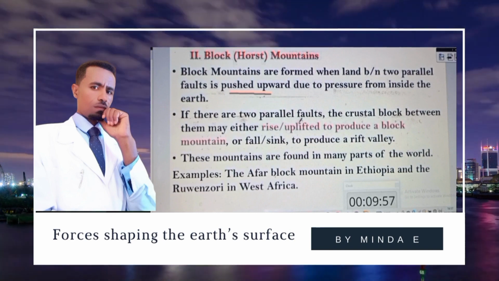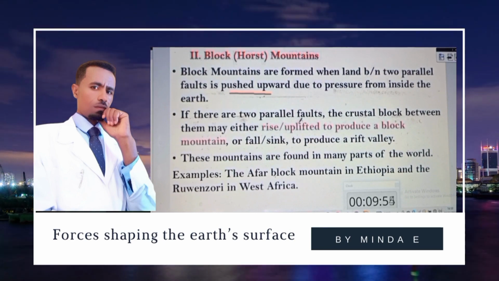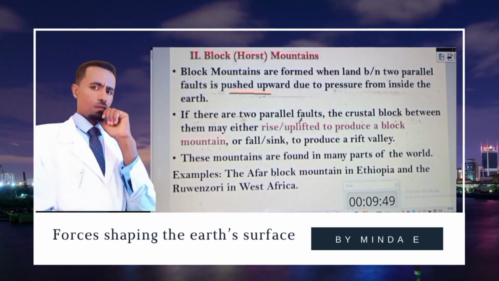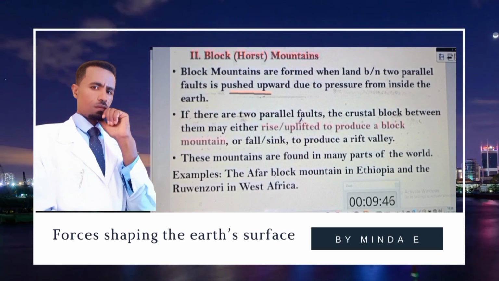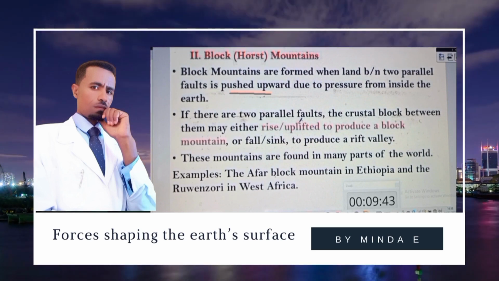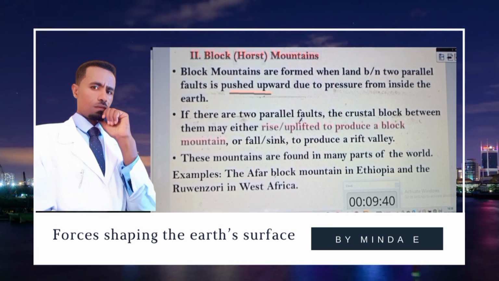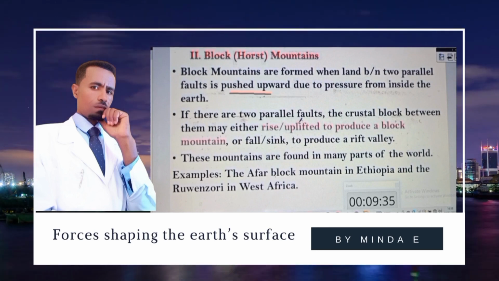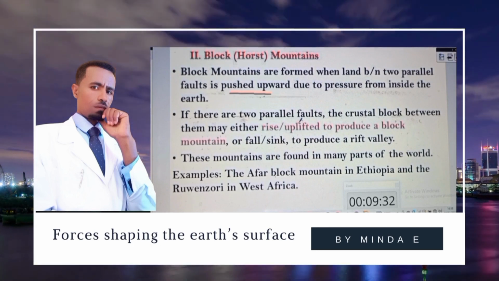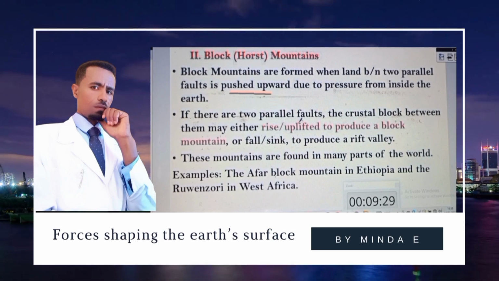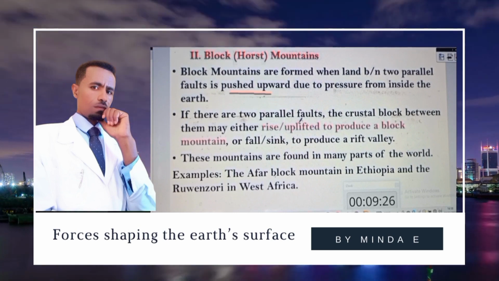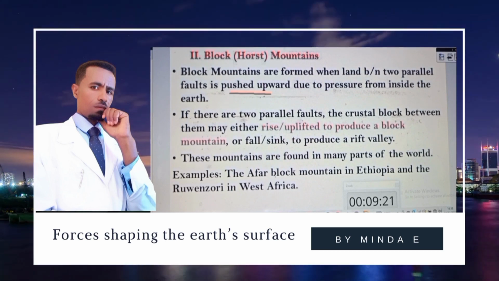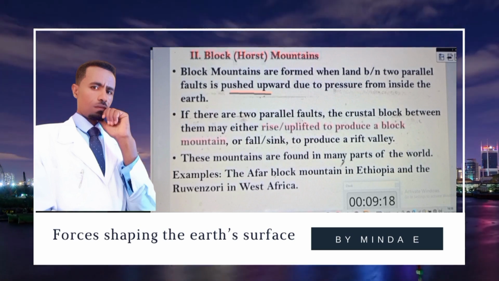So when the internal force is applied on a given area, it may cause uplifting or sinking. If the force is applied downward, the land surface may sink and make a Rift Valley. If the land rises up, the topography will be a block mountain.